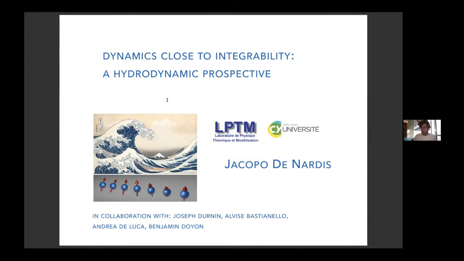But of course, it also applies to lots of classical many-body systems, and mostly in 1+1 dimension. And if everything goes well, the idea is to also show how this hydrodynamic approach can be used to understand how systems thermalize due to interactions from a hydrodynamic point of view.